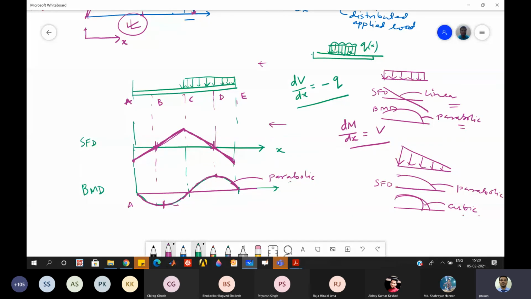It can be any variation. Then dV by dx will be minus of Q. So now you can see dV by dx is negative, so that means this has to be positive. All right.